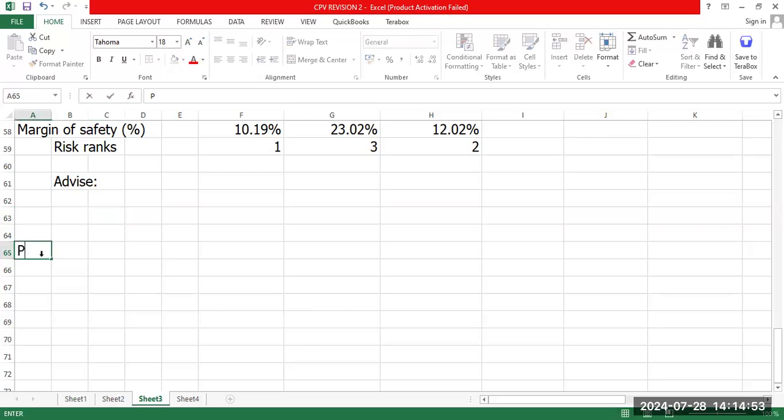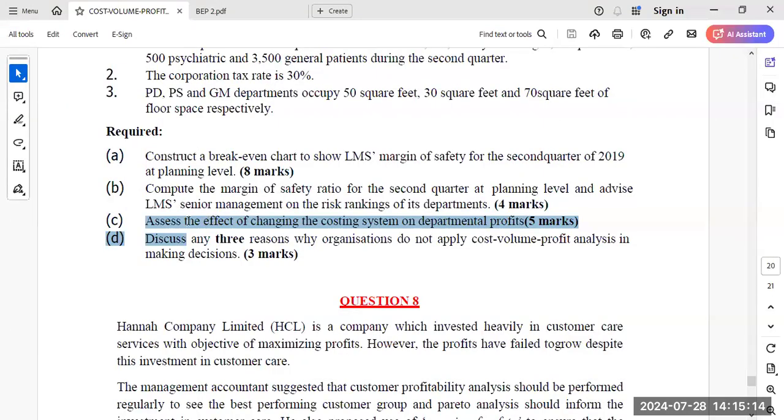Part C. They told us to do what? Part C, they told us to assess the effect of changing the costing system on the departmental profits.